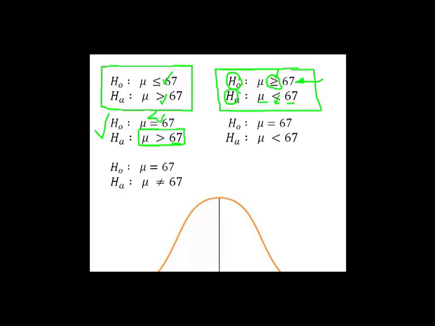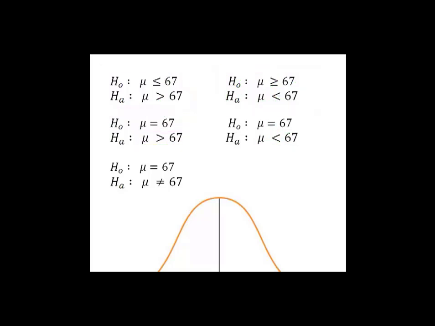Over here, when I say my alternative is the mean is less than 67, well, the only thing that's left is for it to either be equal to 67 or greater than 67.